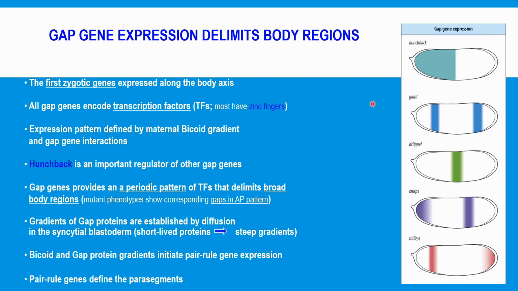And the gap genes are the first zygotic genes that are expressed along the body axis. And all of these gap genes encode transcription factors. Most are zinc finger type transcription factors. And their expression pattern is defined by the maternal bicoid gradient to some extent, and by gap gene interactions.